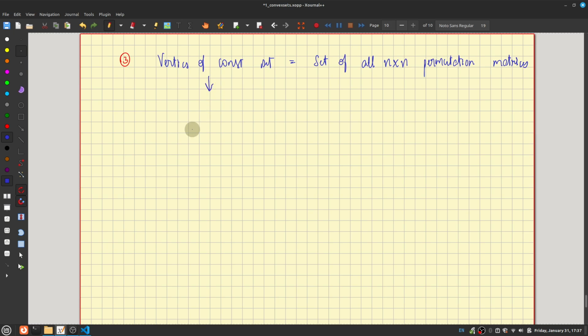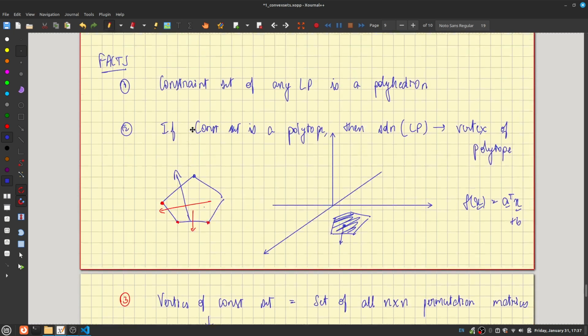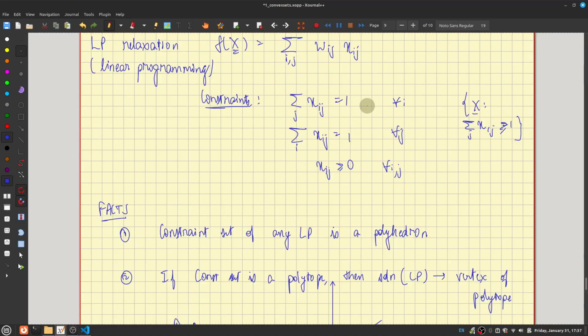So the constraint set, if you think about it, is the set of all matrices with non-negative entries, and each row and each column sums to 1. So these are what are called doubly stochastic matrices.